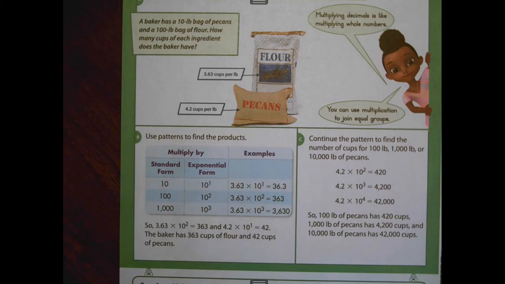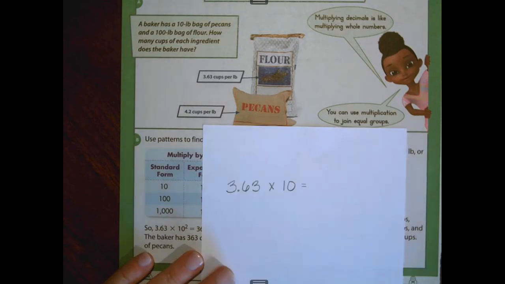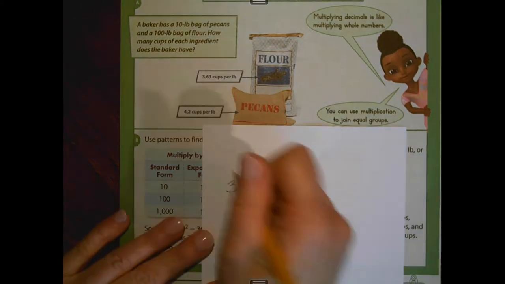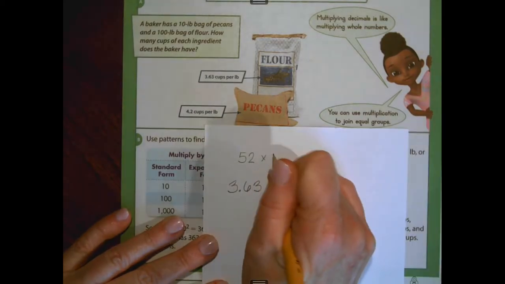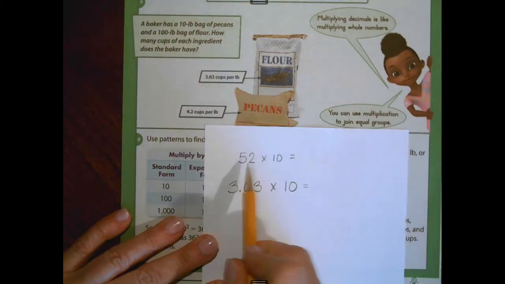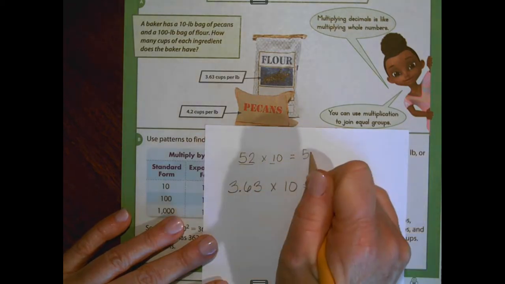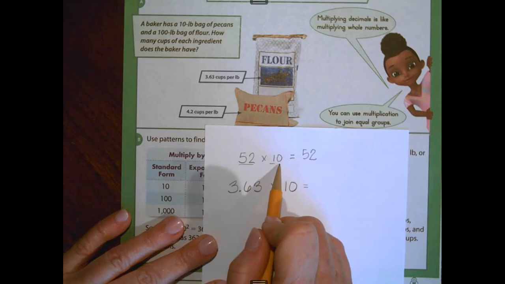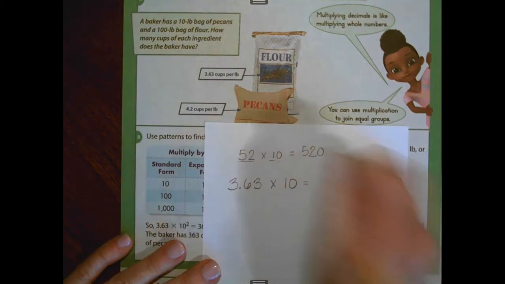Now, I'm going to go back to what our little 5th grade helper said, and let's refer back to whole numbers. So when we multiplied a whole number, like maybe we had 52 and we multiplied it times 10, if you remember, we just multiplied the whole number times 1, and we annex the number of zeros in our multiple of 10. So we would annex 1 0 to get 520.